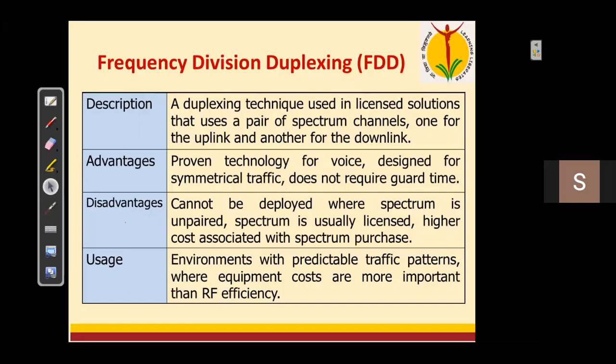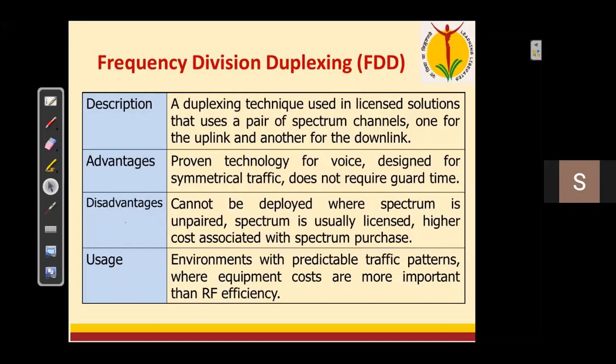In frequency division duplexing, we have separate uplink and downlink channels. This technology is used for transferring voice and data, which is symmetrical traffic, and it does not require a guard time between the two signals, so it is not going to overlap. It can accommodate more data as it doesn't require the guard time.